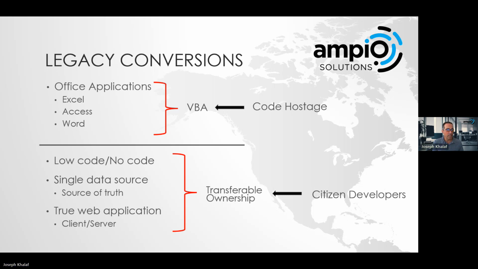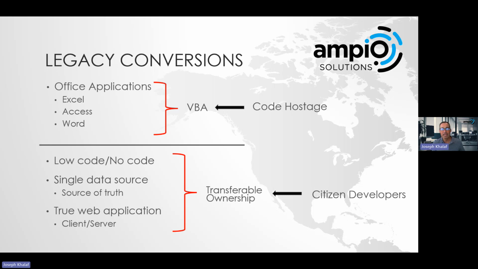And then you end up in a situation where you have to actually consolidate that data, which is even more work. And finally, the beauty of the Power Platform is that with a low-code, no-code solution, you're actually implementing a true web application, a true client-server model, a front end, that's your web. That's your Microsoft 365. That's your Dynamics 365. You are browsing to a web location to be able to interact with that application.